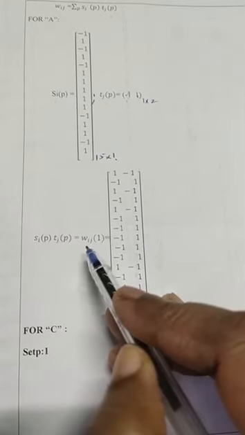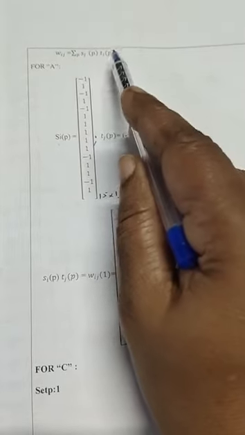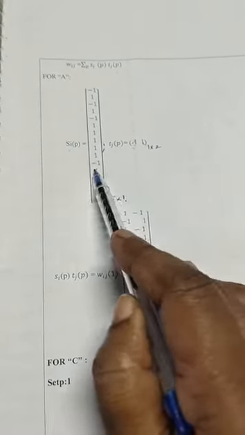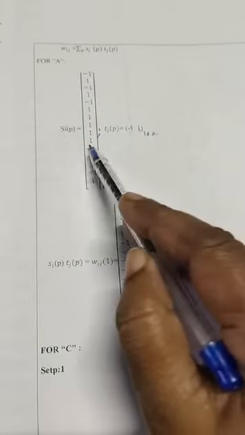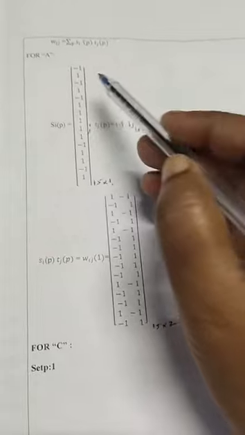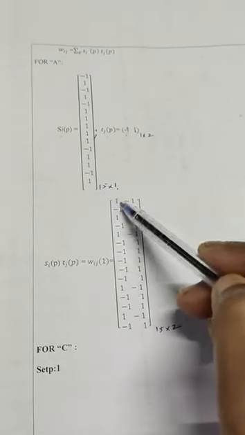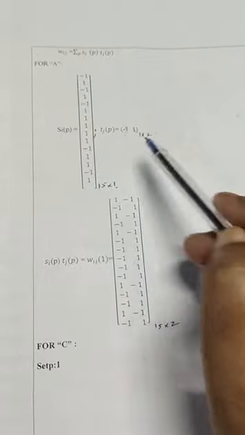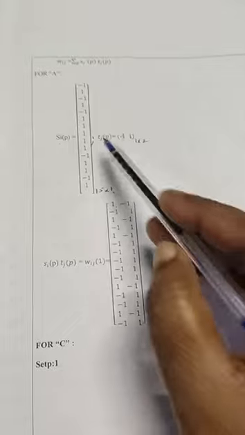Now we are going to find the W matrix required to store the character A. Wij of 1 is equal to S multiplied by T. So you multiply this 15 cross 1 matrix by this 1 cross 2 matrix. This is minus 1 into minus 1, so it is 1. Then minus 1 into 1, it is minus 1.